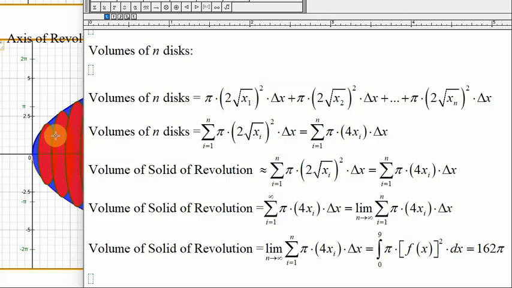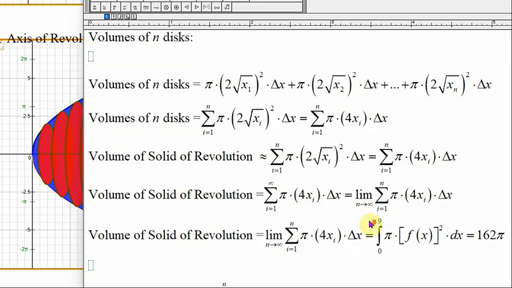Now, if we want the exact volume of the solid of revolution, then we have to divide the solid into an infinite number of slices, meaning we have to allow n to run to infinity. And when n runs to infinity, normally we write it like this: the limit of this sum right here as n approaches infinity.